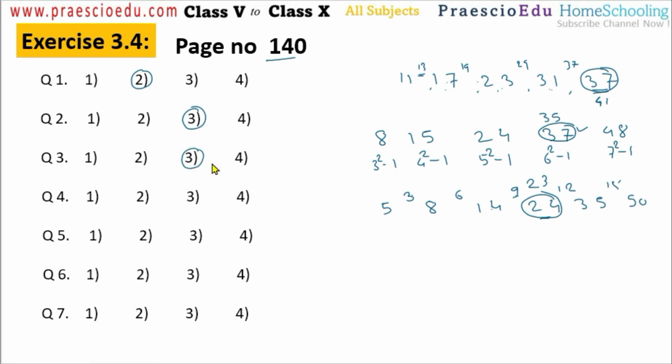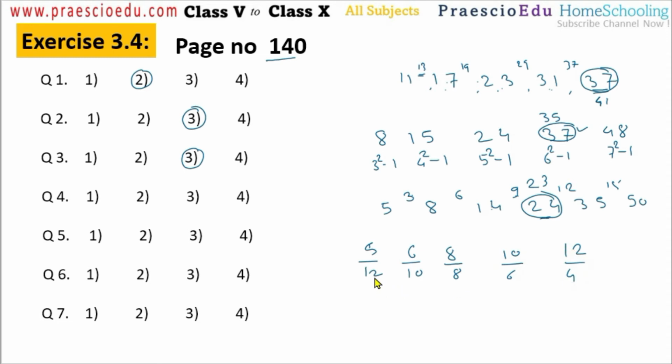Now question number 4, so 5 by 12, then 6 by 10, then 8 by 8, then 10 by 6, and then 12 by 4.